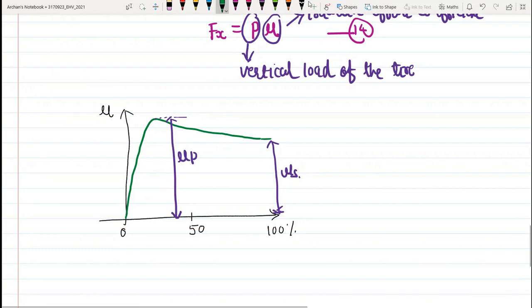So this is for the longitudinal movement. Okay, so this was the case, right?